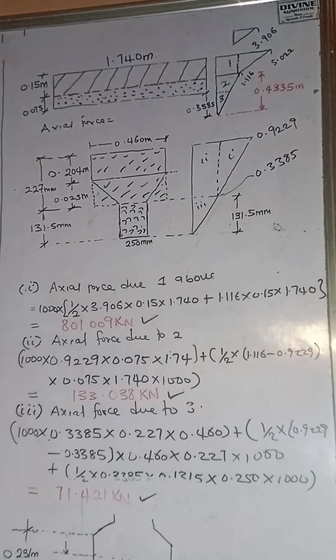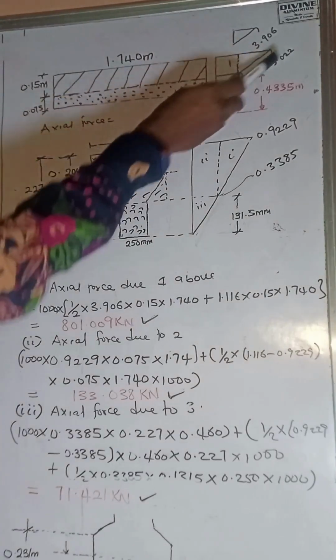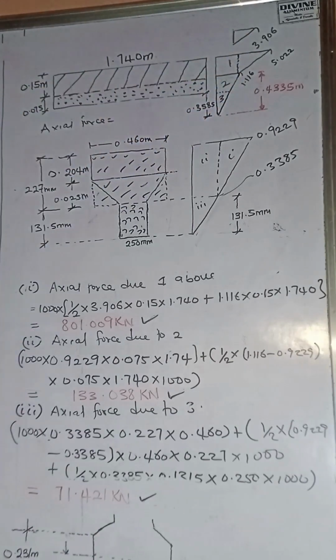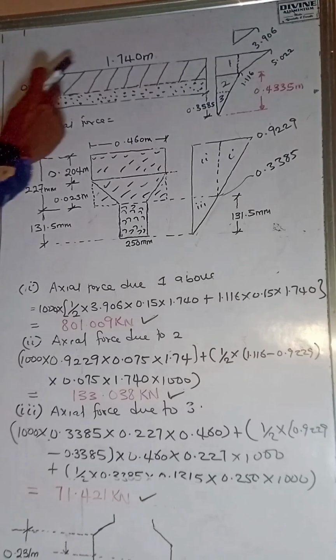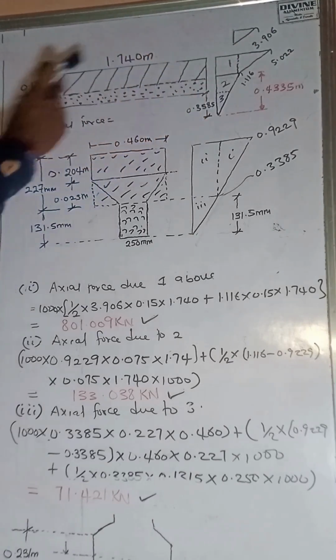If we subtract 5.02 minus 1.1116, we have 3.906 as the pressure for the triangular part of that load. That triangular part we multiply by the whole of this area, and likewise we multiply the rectangular part by the whole of this area.